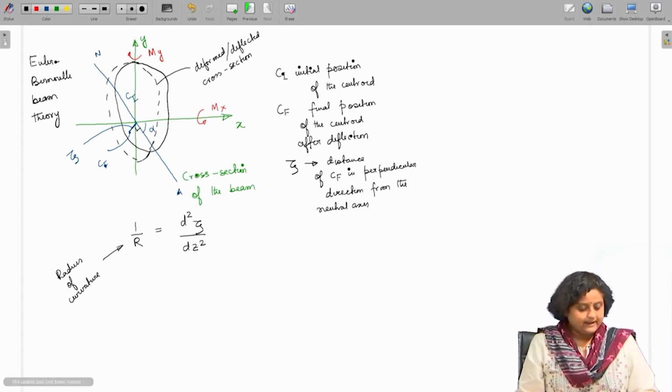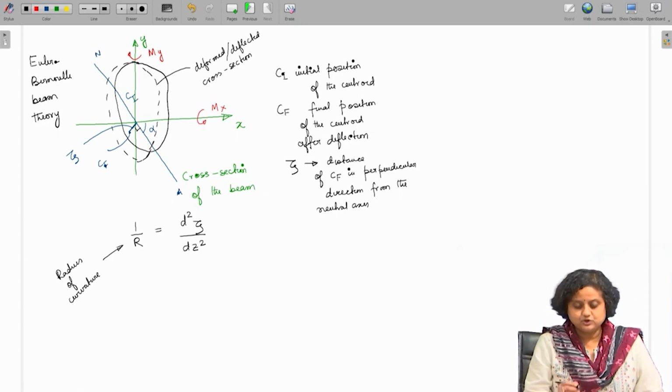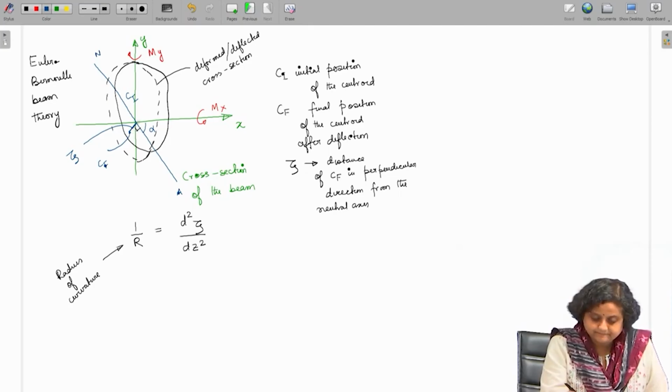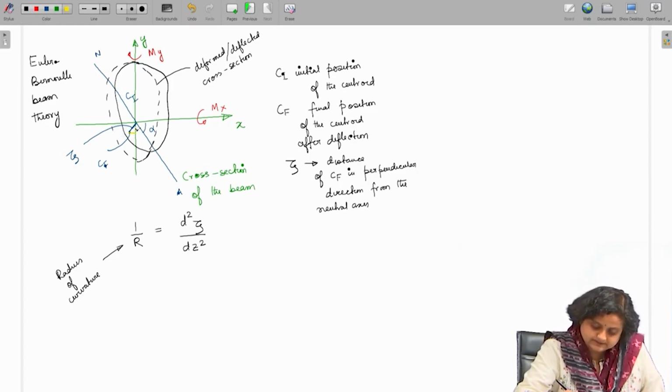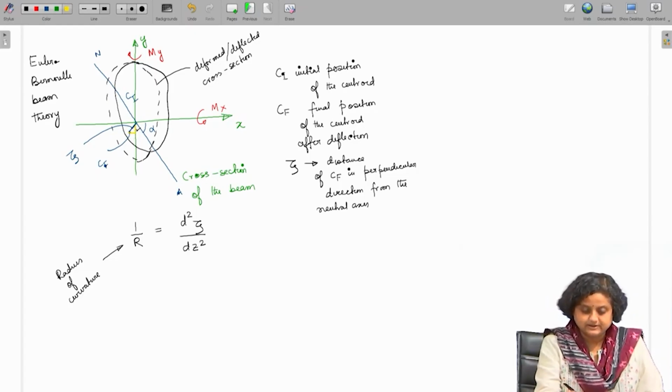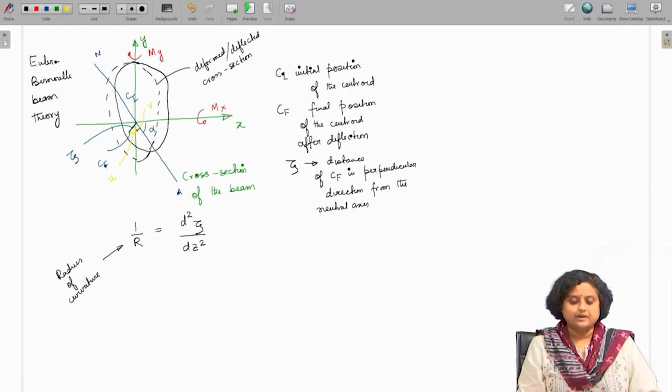Now again, we can see from geometry, let me draw this, that the distance z can be resolved in x and y direction. The x deformation we can call u and the y deformation we can call v.